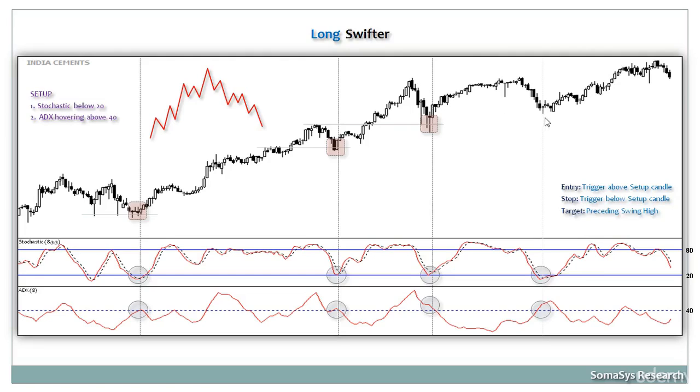Now coming to this setup, the basic structure is in place with stochastic oversold and ADX hovering above 40. And a buy trade, if taken, would have been profitable too. But we will not be buying such a setup as we do not have any reference point of support.